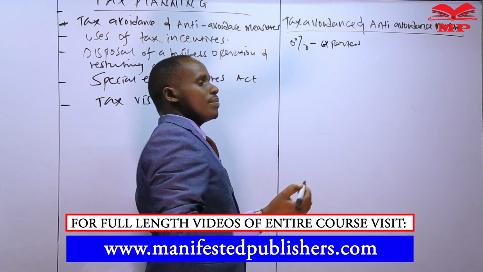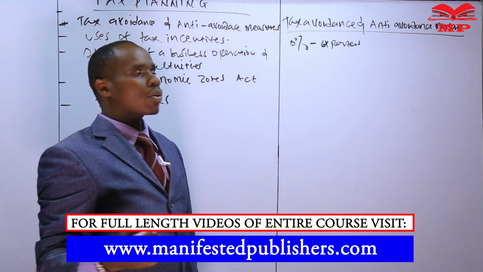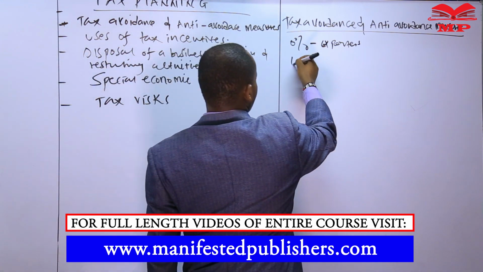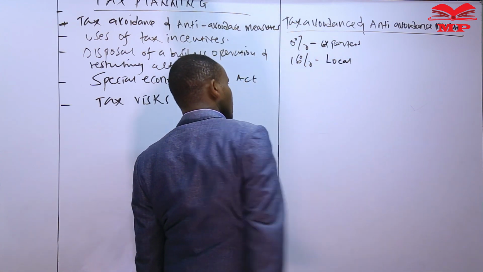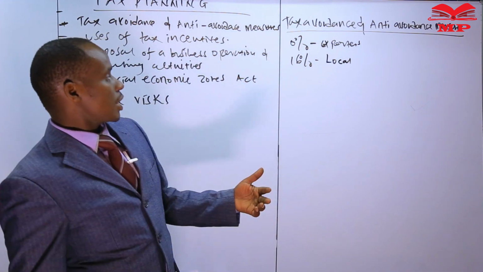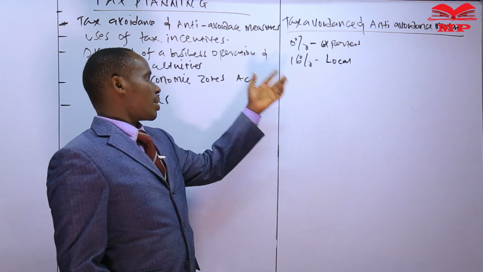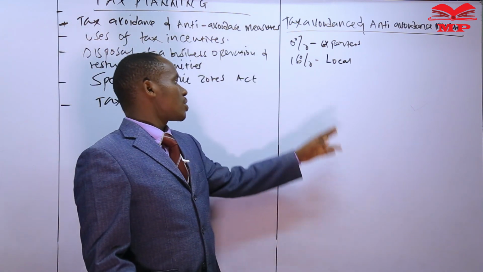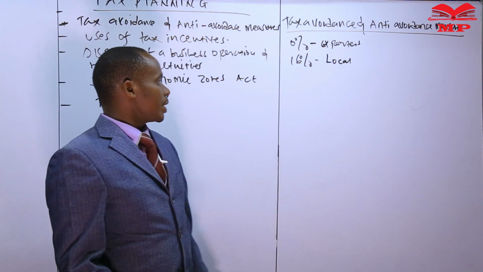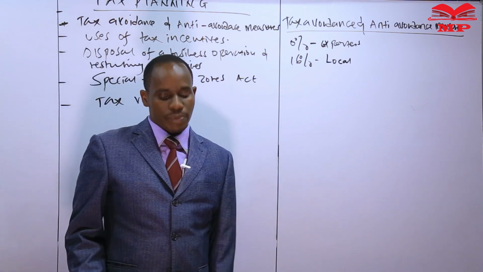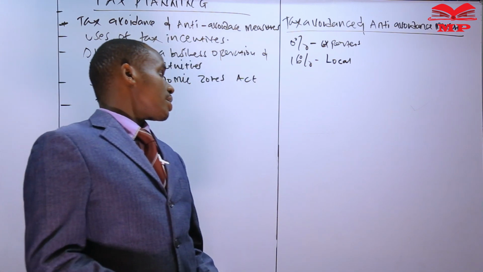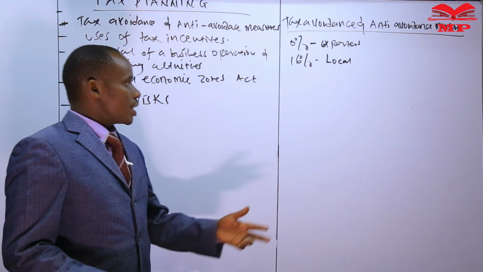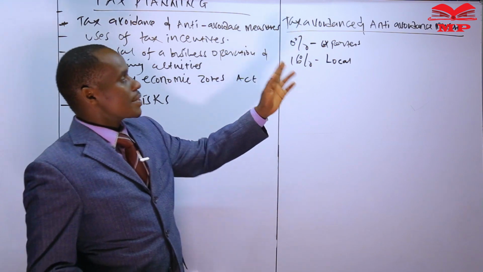But if you are producing goods for local consumption, then you are charged VAT at a standard rate of 16%. So somebody can do avoidance by manufacturing goods for export so that one may not be paying VAT.